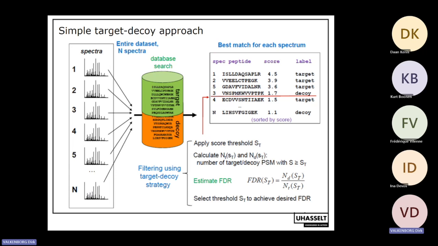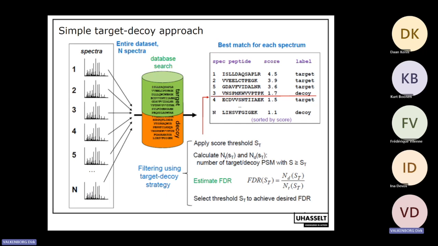Well, we will reverse our original protein database. So we swap the N terminal and the C terminal, and then we do a similar digest as we did on our target database. As such, we have a decoy database with nonsense sequences. And we concatenate these two databases and treat them as one big database.